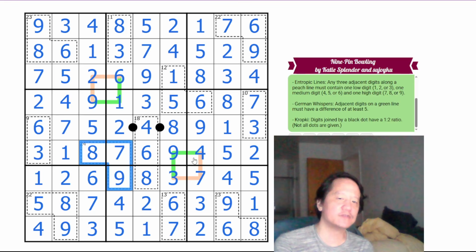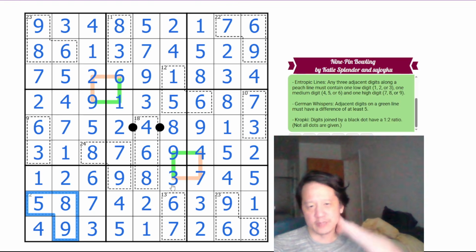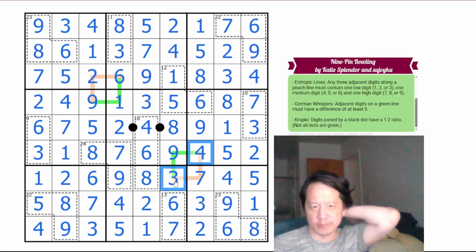You have to have a decent amount of knowledge of Whisper lines and entropic lines for this to work. And you have to understand what it means to have a 9 guaranteed in these cells here. And you have to understand the implications of having a middle digit here.